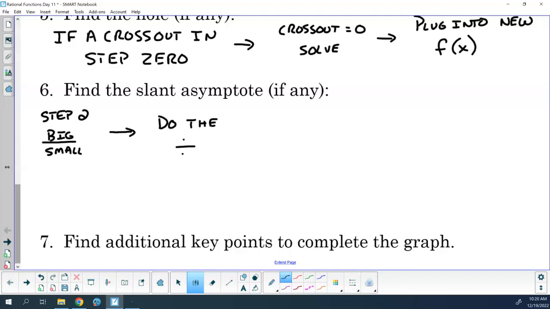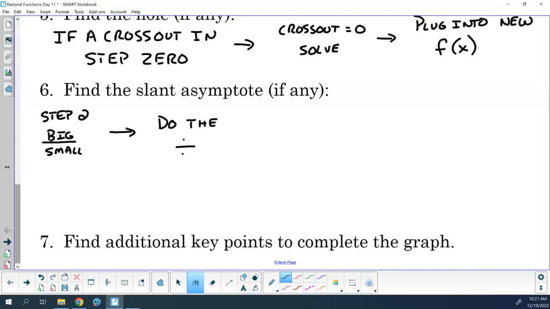Number 1 on the quiz last week. Way too many people tried to do that one synthetically, and the divisor was x squared minus 1. Can I do that? Why not?